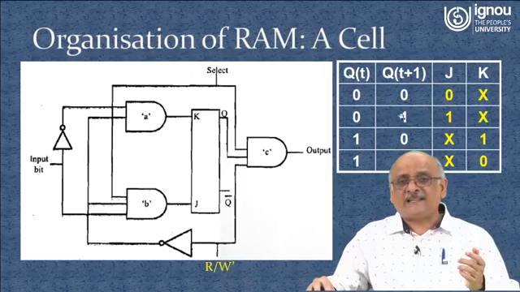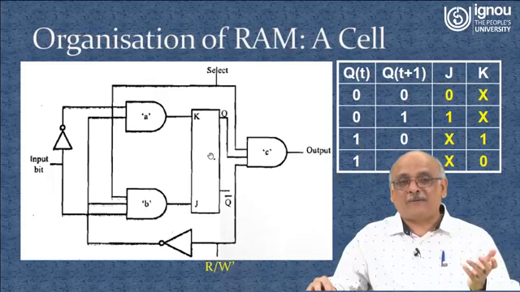That means the next state will automatically go from 0 to 1. So the next state of this flip-flop will go to a set state. What does it mean? The input value 1 has now been stored into the JK flip-flop.